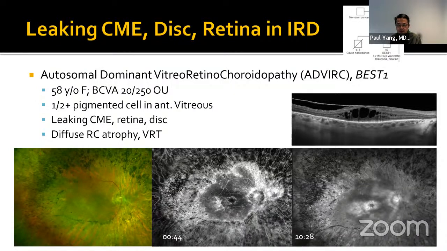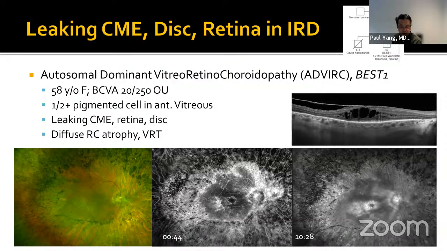So now we're going to switch over to a different type of inherited retinal degeneration called autosomal dominant vitreoretinochoroidopathy. It's due to a mutation in a gene called BEST1. In this case, you're going to get leaking CME, leaking disc, and leaking retina.